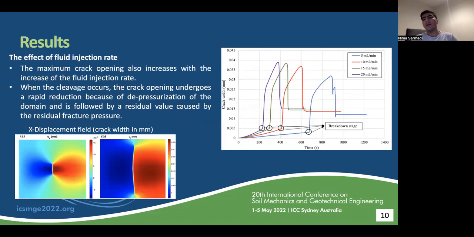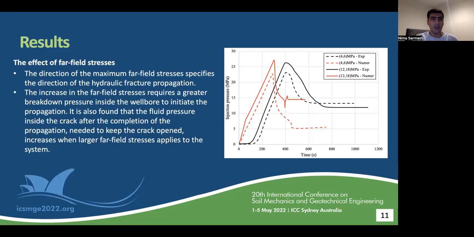The increase of injection rate also affects the maximum crack width of the formed fracture. By the increase of injection rate, the maximum crack width also increases, which is a consequence of the higher energy rate given to the system.